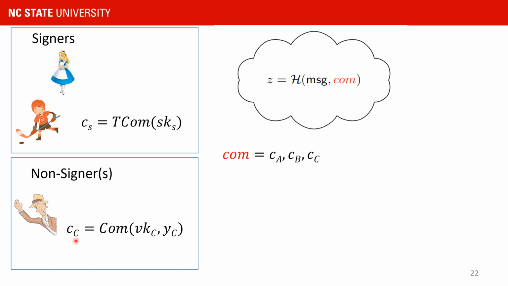Once they have these commitments for the non-signers, they can produce trapdoor commitments for themselves, for which they use their secret key. Now, with all of these trapdoor commitments and commitments, they can produce this value z, which is a random oracle, a hash on the message that they want to sign and the sequence of commitments.